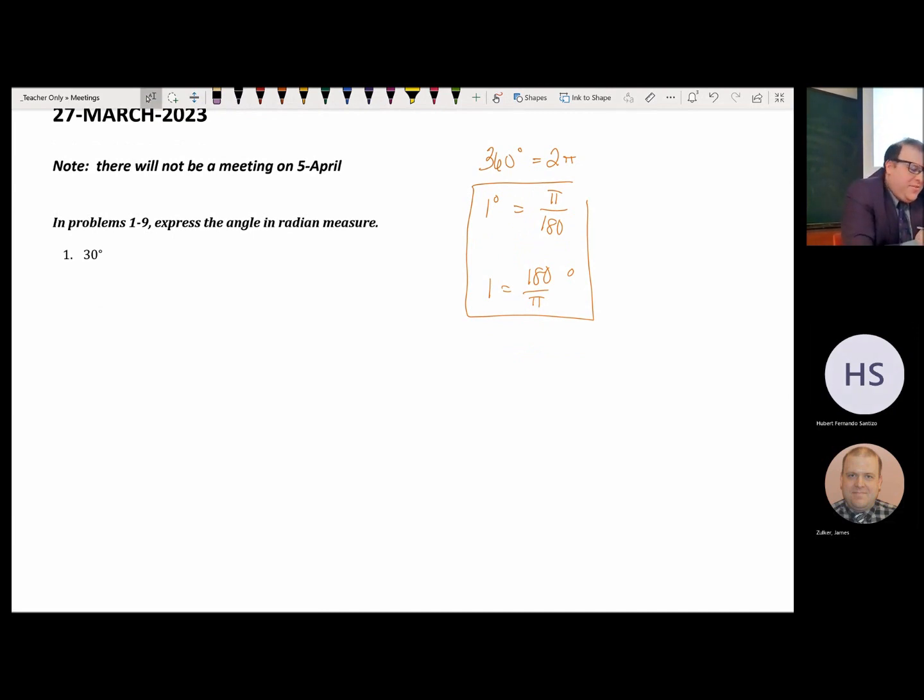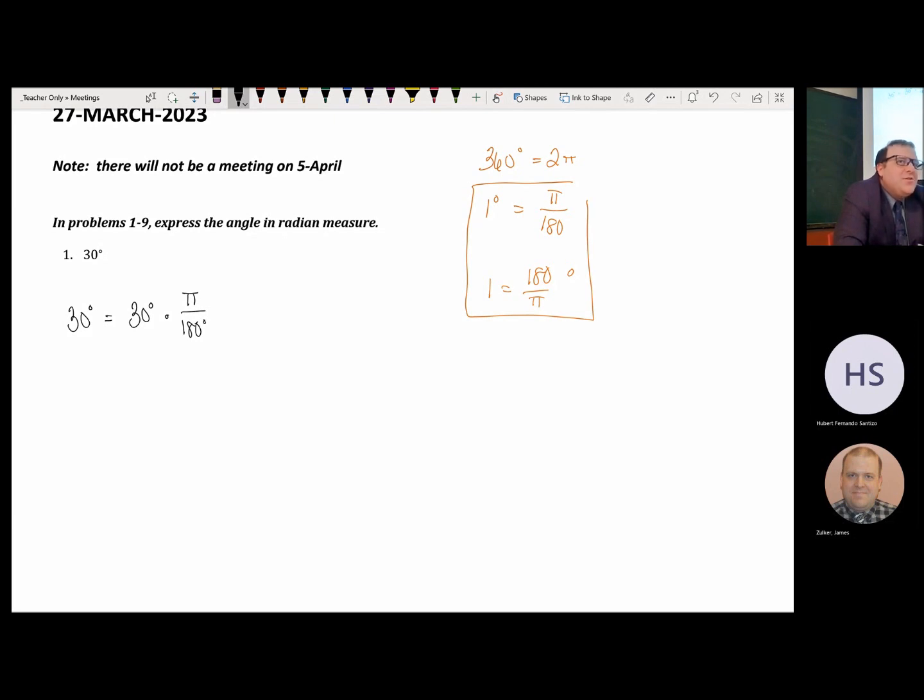Let's express 30 degrees in radians. So it's 30 degrees times pi over 180 degrees. What we're doing is called unit analysis, which if you've taken any type of science course, you are familiar with.